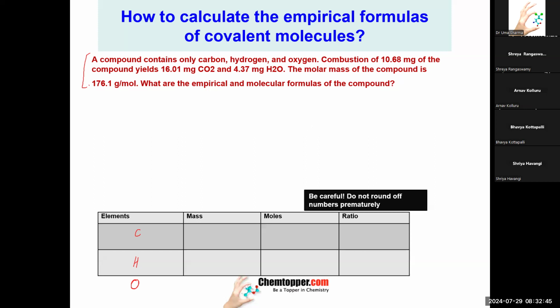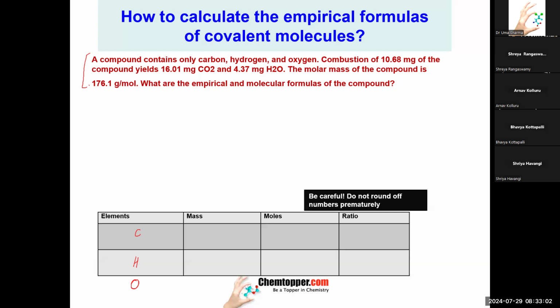I've given the example here. This is 1 mole of water, 18 grams. This is 1 millimole of water, 18 milligrams. I'm asking the same question.